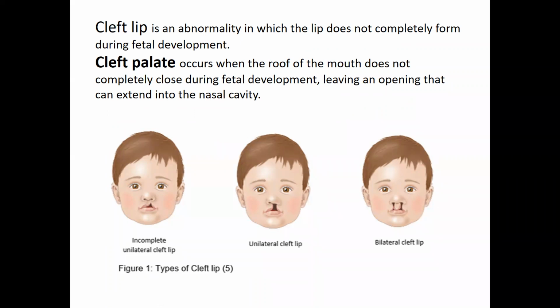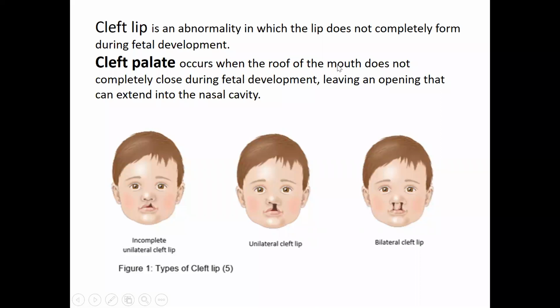Cleft lip is an abnormality in which the lip does not completely form during fetal development. The lip should be complete, but there is some discontinuity in the lip, which is known as cleft lip. Cleft palate means there is a discontinuity in the roof of the mouth.